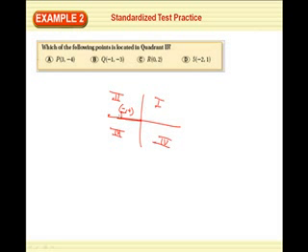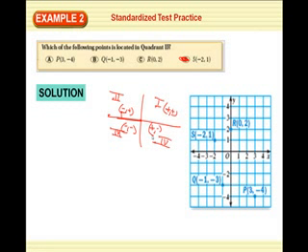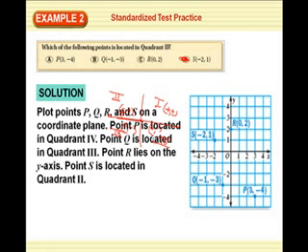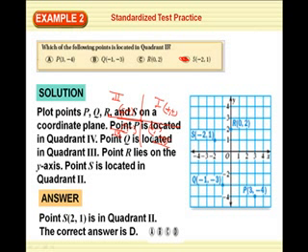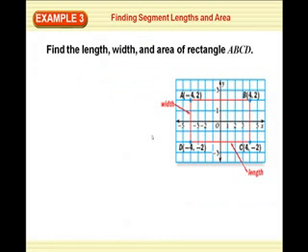Negative first, positive second. So it is D. These are positive, positive. These are negative, negative. And these are positive, negative. So it's D.